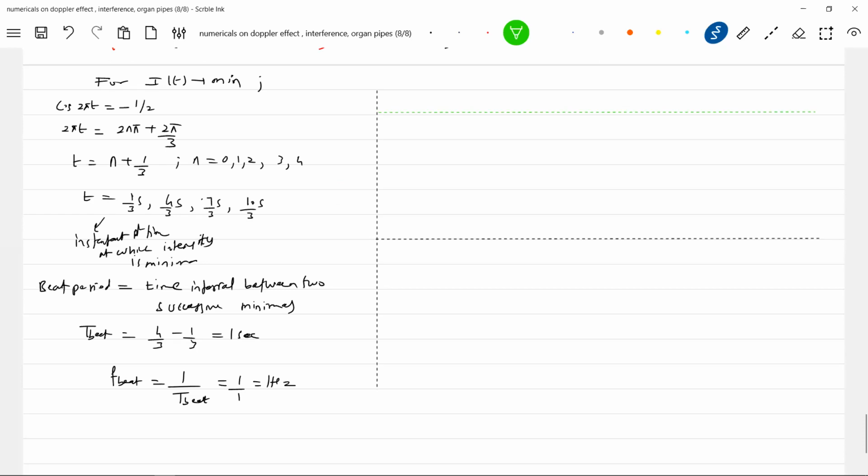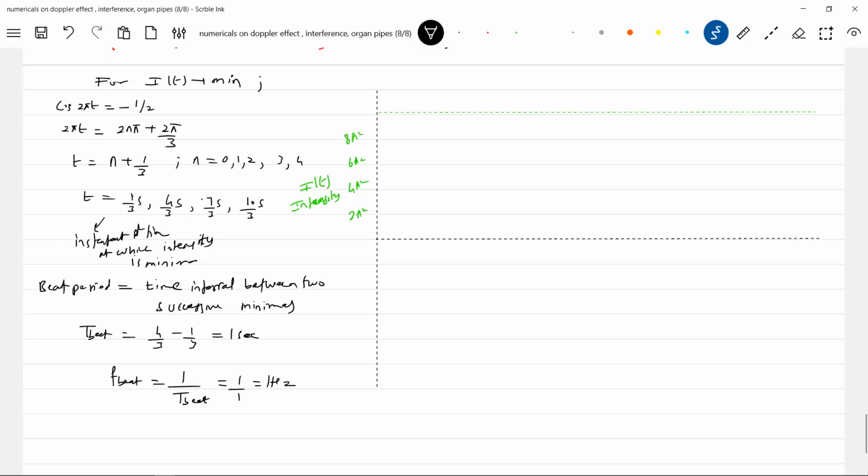Okay, what is the intensity? 2a square, 4a square, 6a square, 8a square. These are the intervals of time.